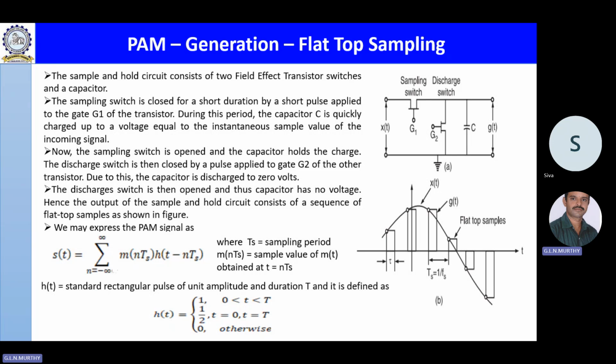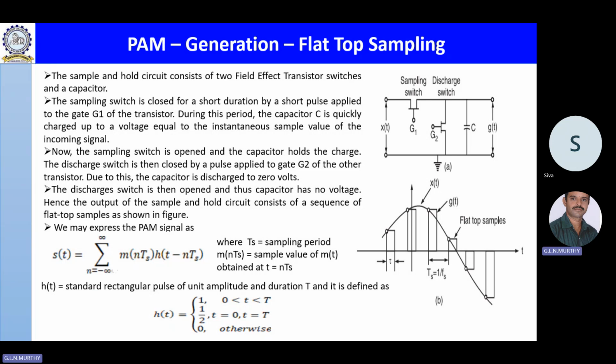Flat top sampling, or a PAM signal, is generated by using a technique called the sample and hold circuit. You can see the diagram here. A sample and hold circuit makes use of two switches. These are not mechanical switches. They are electronic switches.